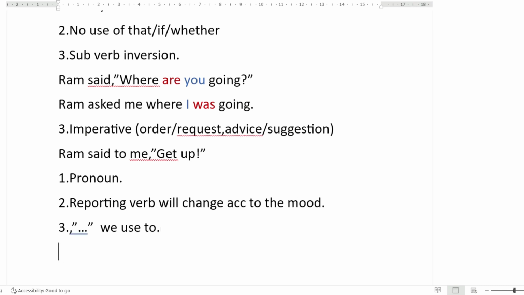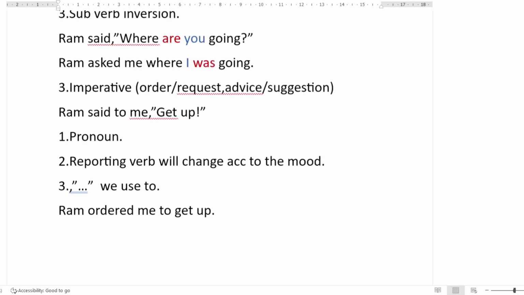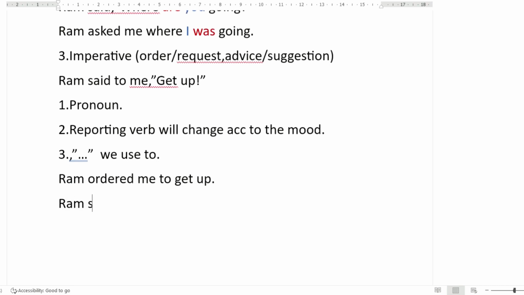So the same sentence, Ram said to me, get up, will be Ram ordered me to get up. These are very simple. Another example: Ram said to me, please give me a glass of water.